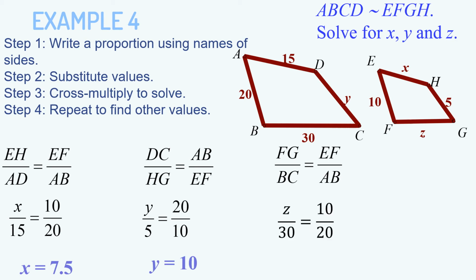In the next step, we replace the values. FG is unknown, is z. BC is 30. EF is 10. AB is 20. Again, we multiply across, or we just leave the z alone. If 30 is dividing, it passes to the other side multiplying, and if we solve it, the value of z will be 15. And here we have the values of x, y, and z, as we wanted since the beginning to find.